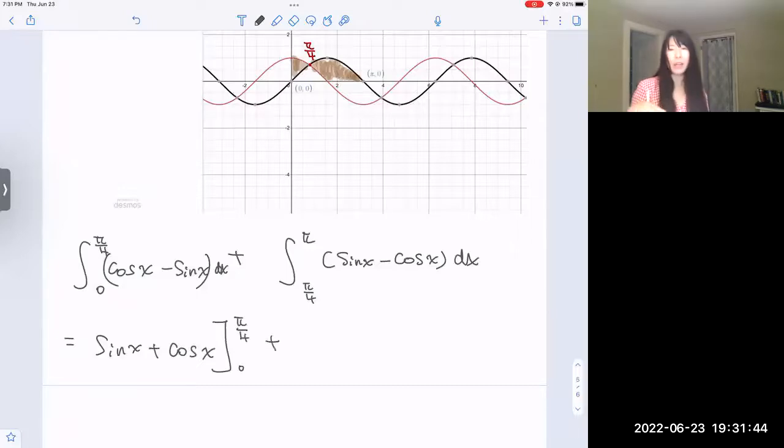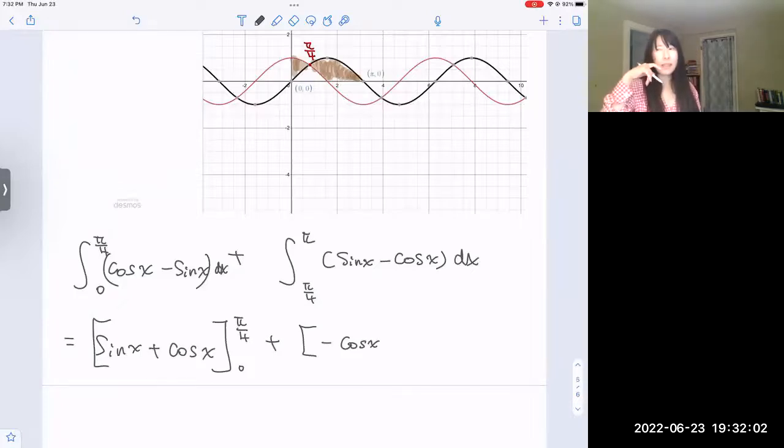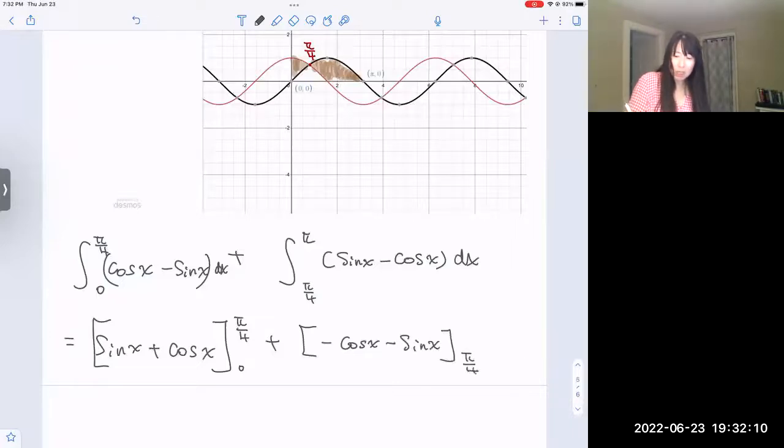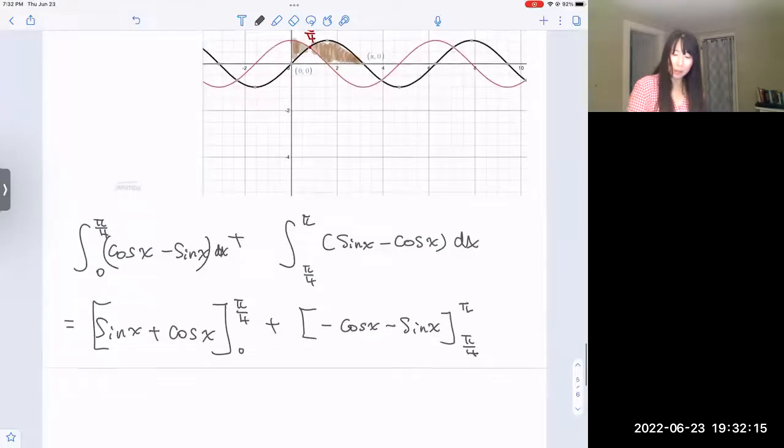All right, now antiderivative of sine x is negative cosine x, and antiderivative of cosine x is sine x, but we have a negative, so it's a sine x. Excellent. So pi over 4 and pi.